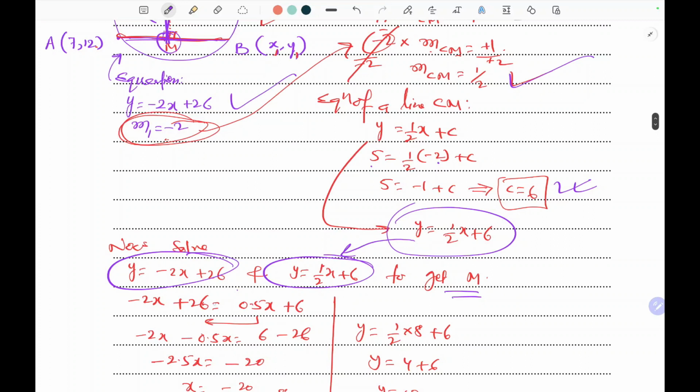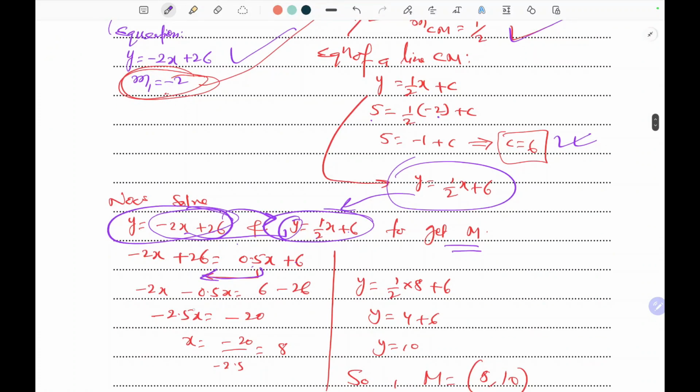So what I'm going to do is write y = half x + 6, and for this y I will write the value -2x + 26. So -2x + 26 = half x + 6, which is 0.5x + 6. Now take this to the left side. So -2x - 0.5x = 6 - 26, which is -2.5x = -20.